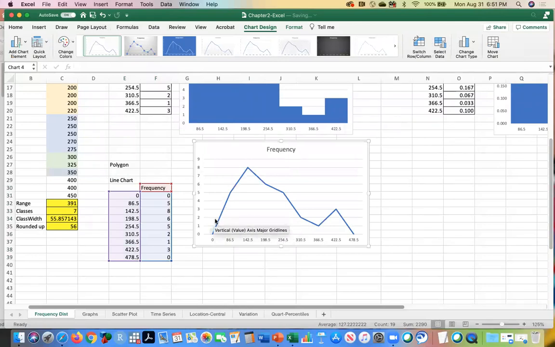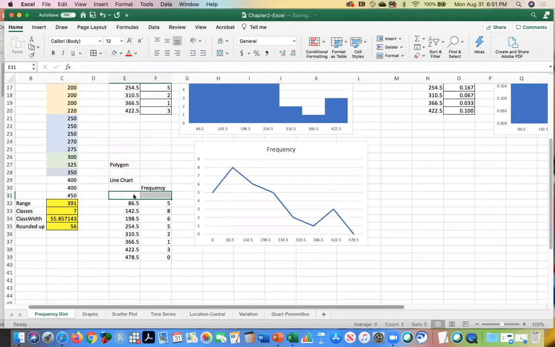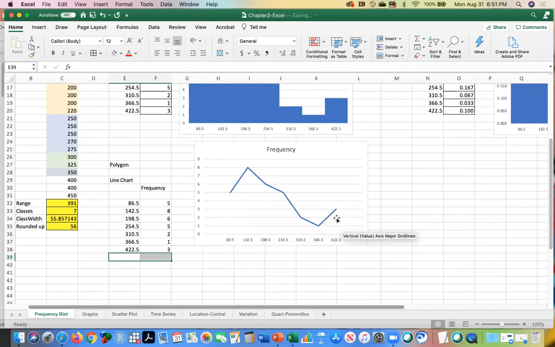If I didn't use these values, let's see what happens. If I don't use these values, that's what is gonna happen. So these points do not connect to the horizontal axis. So that's the reason I said, well, let's say 40 or something like this.